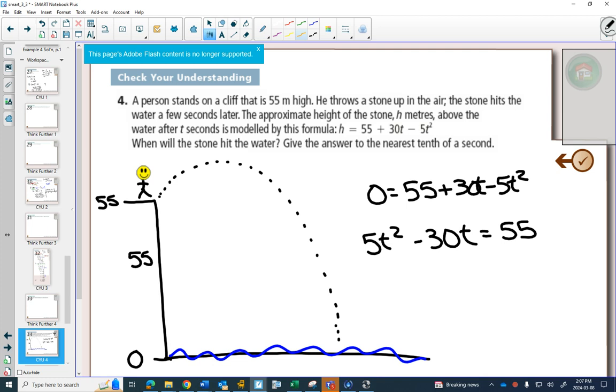And I also might remember that life is easier if this 5 isn't here. So what should I do to get rid of that 5? Divide everything by 5. So what do I get? I get t squared minus 6t equals 11, and I leave a space here, and I leave a space here.